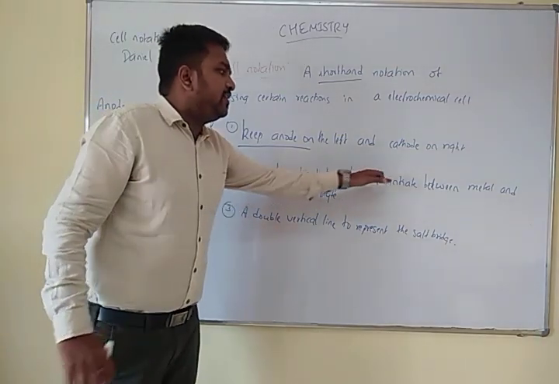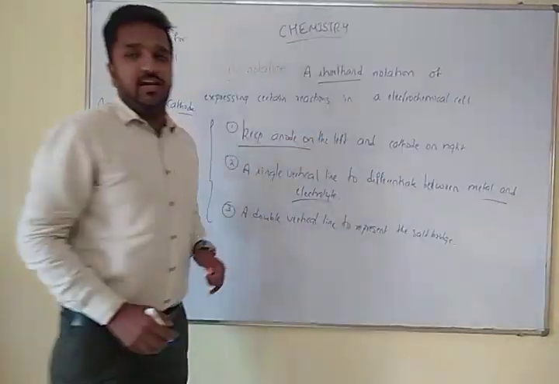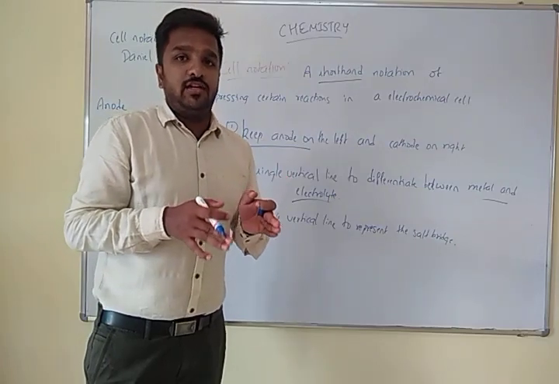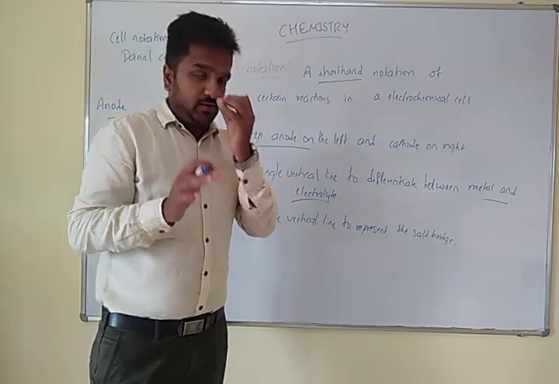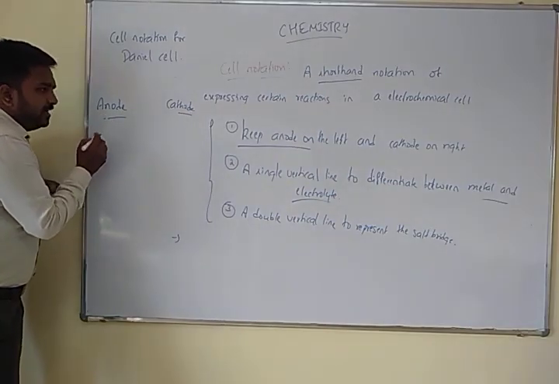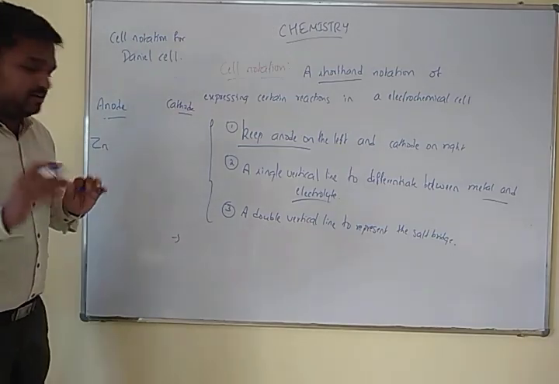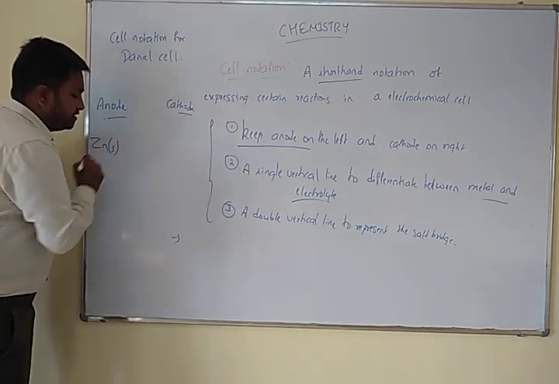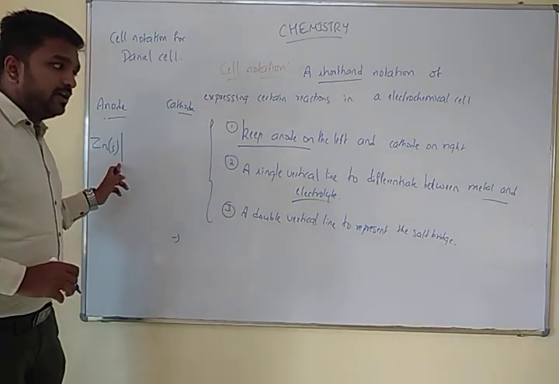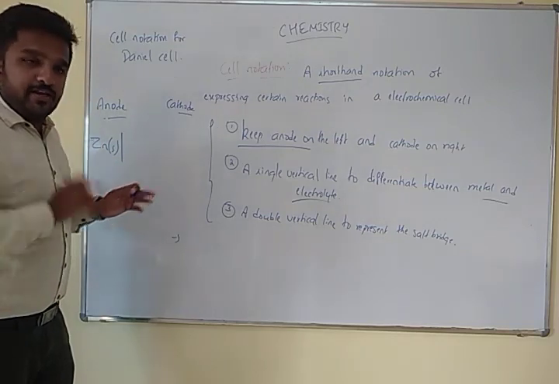A single vertical line to differentiate between metal and its electrolyte. That means zinc metal we have dipped in its own solution, that is zinc electrolyte, Zn2+ ions. So the anode in this case is zinc electrode. Initially we have zinc in the solid state, and later on a single vertical line we need to write to represent the difference between metal and the electrolyte.